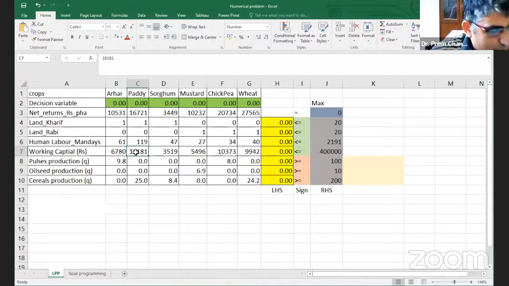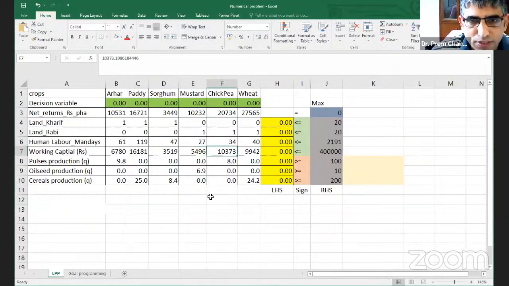Another one was the capital requirement. It's given in the table below. The working capital requirement for Arhar is 6,780. For paddy, it is 16,181. For sorghum, it is 3,519. For mustard, it is 5,496.